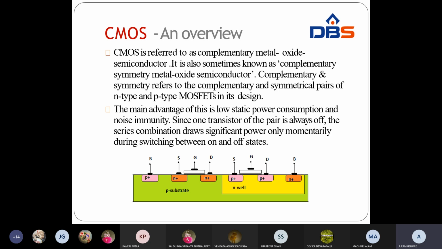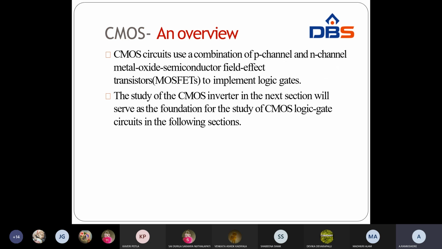That is the very low power case. CMOS circuits use a combination of P-channel and N-channel metal oxide semiconductor field effect transistors to implement the logic gates. So this is the CMOS inverter.